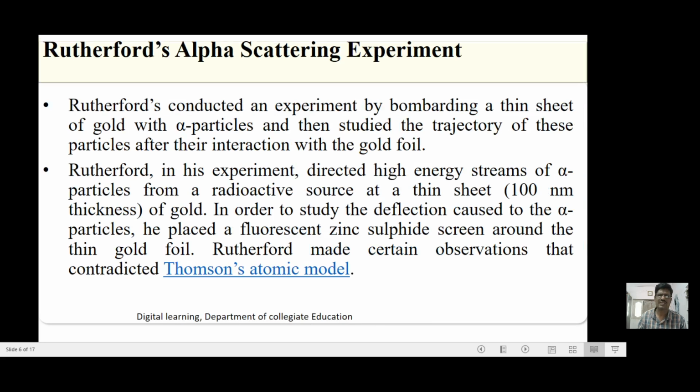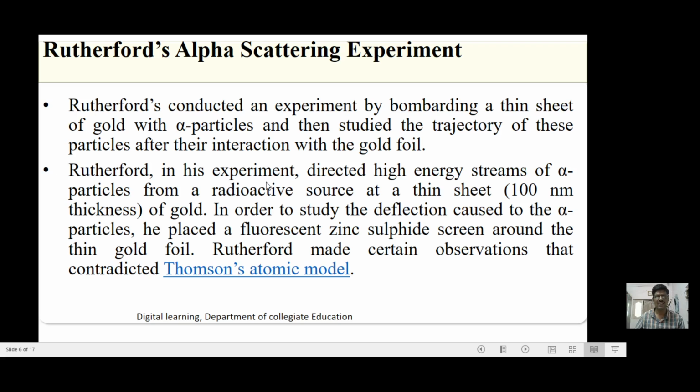Rutherford's alpha scattering experiment. Rutherford conducted an experiment by bombarding a thin sheet of gold with alpha particles and then studied the trajectory of these particles after their interaction with the gold foil.